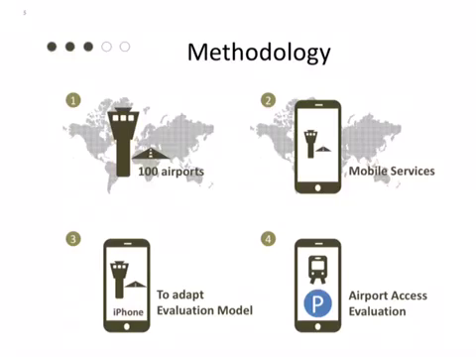Third, we took some research on the evaluation of mobile applications, and it was adapted for our purpose, to analyze the airport surface access. And it was applied to a sample of 31 European airports.